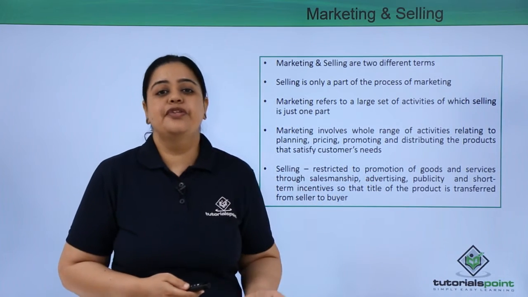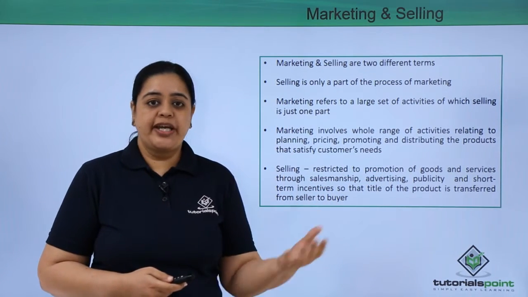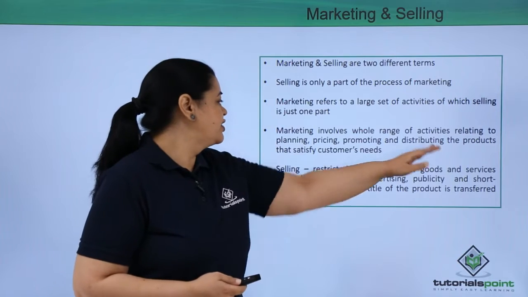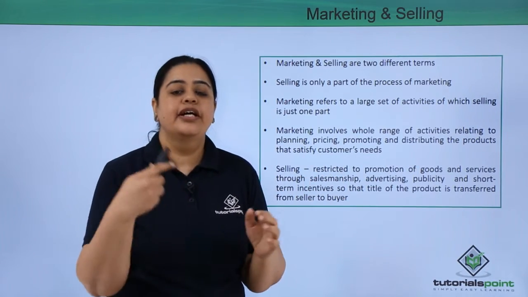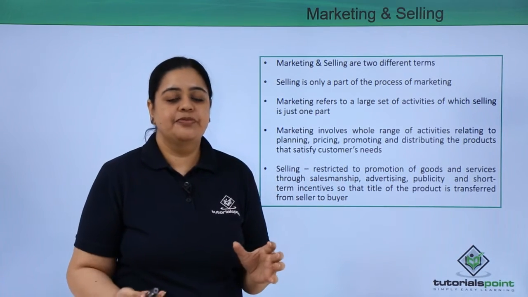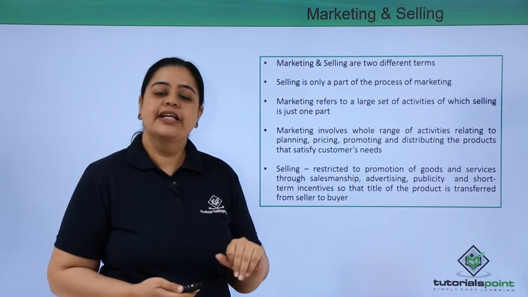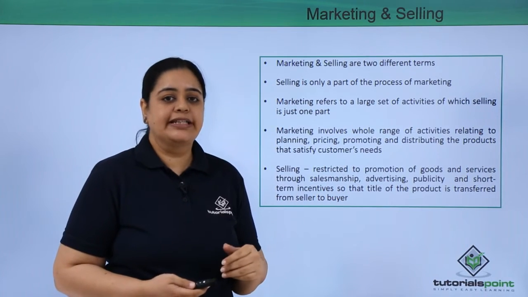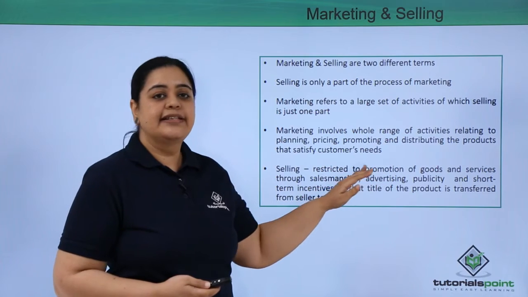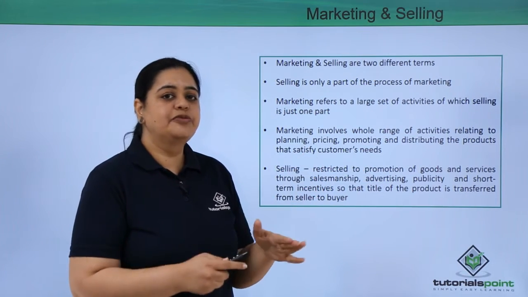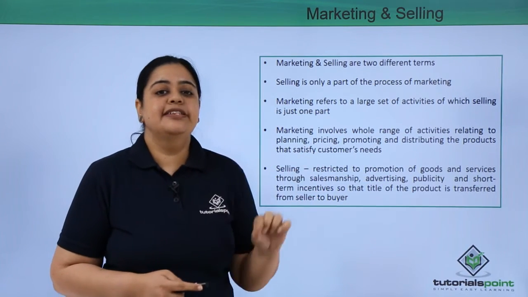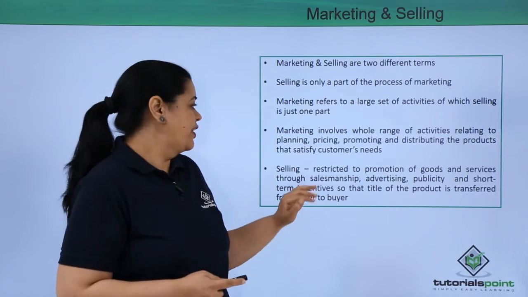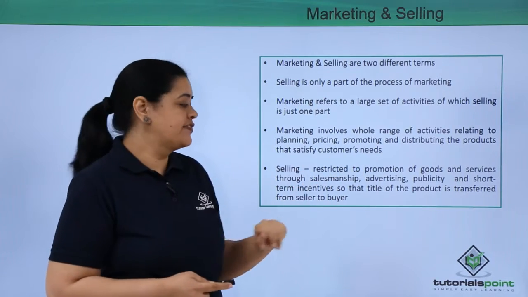Promotion, how you are going to do the promotion, what would be the way to attract customers. Distributing the goods, so what would be the channels of distribution, even that would involve when you're doing a marketing plan. All these things need to be planned so that customers' demand is satisfied, customers' need is satisfied.